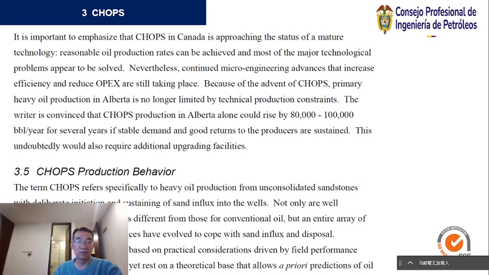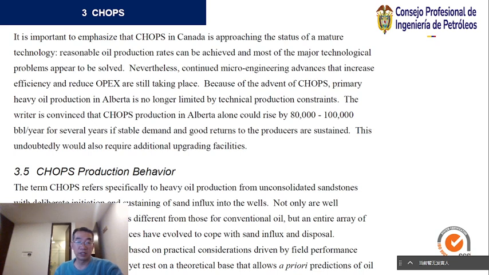Not only are well completion and lifting practice different from those for conventional oil, but an entire area of novel materials handling practices have evolved to cope with sand influx and disposal.